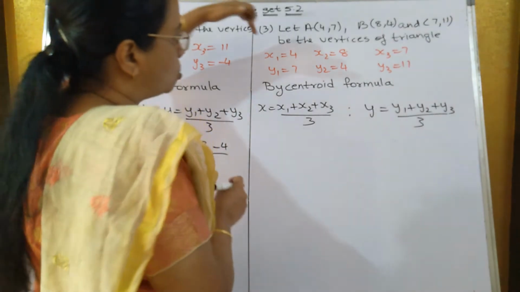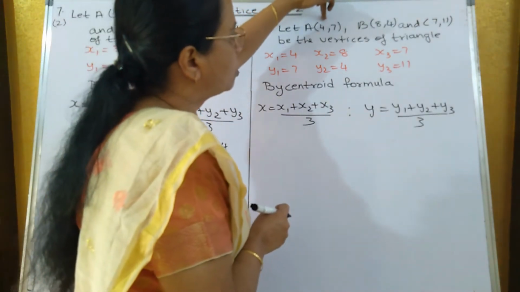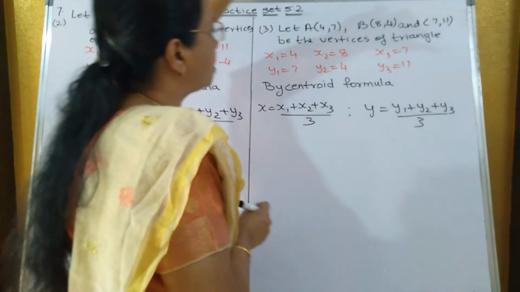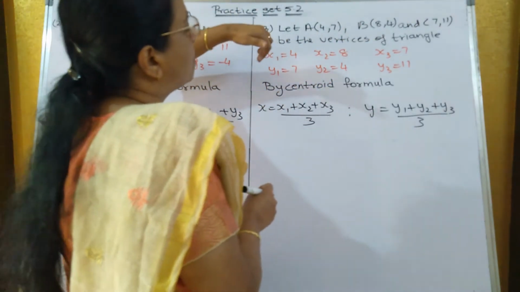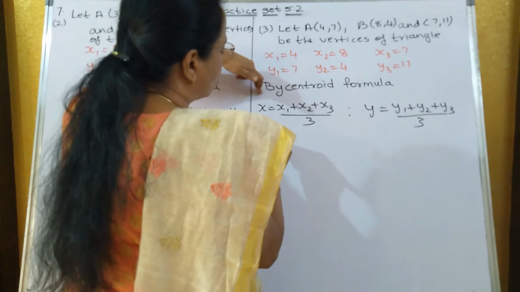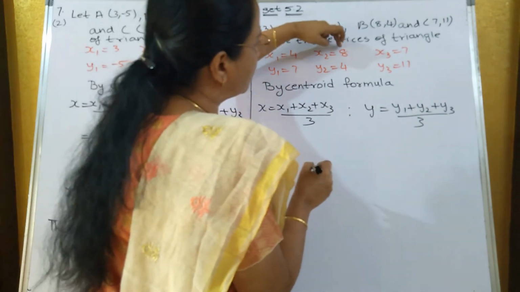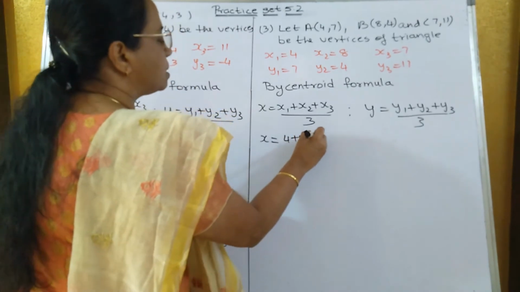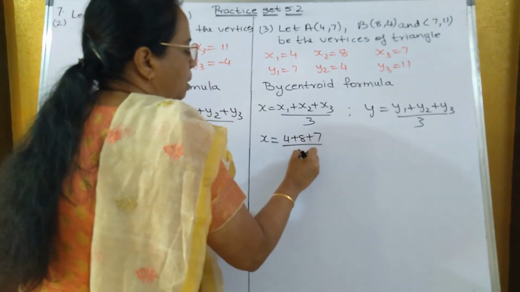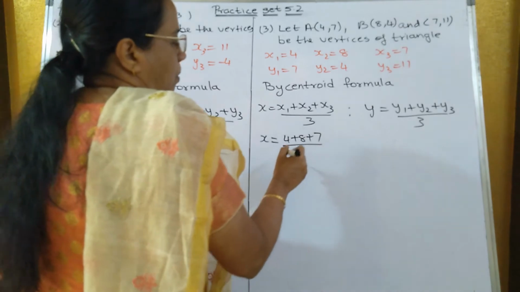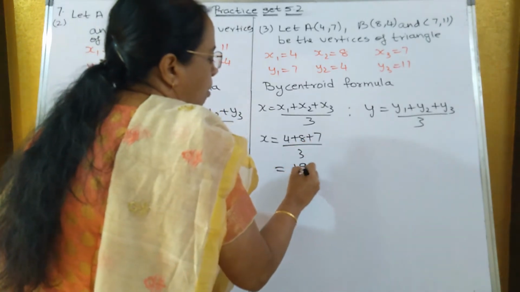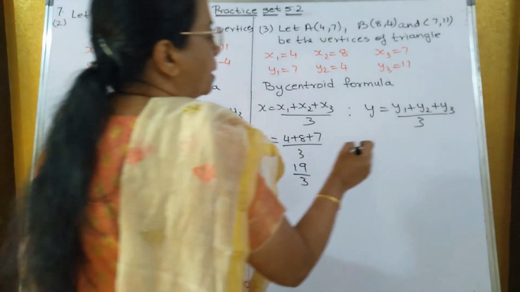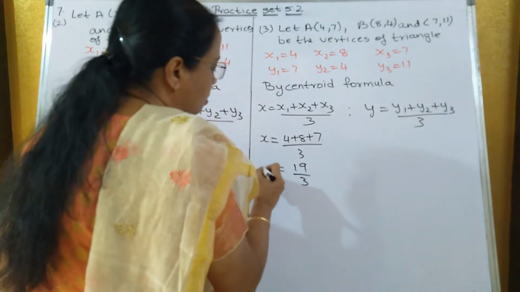Similarly, the next sum, the third sum. Here x1 y1 is (4, 7), x2 y2 is (8, 4), and x3 y3 is (7, 11). So by the centroid formula, x is equal to 4 plus 8 plus 7 upon 3, that is 19 upon 3.